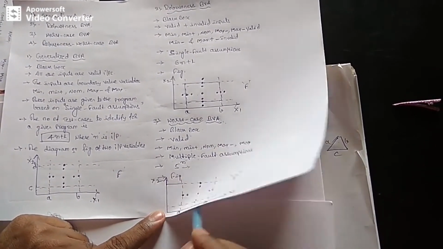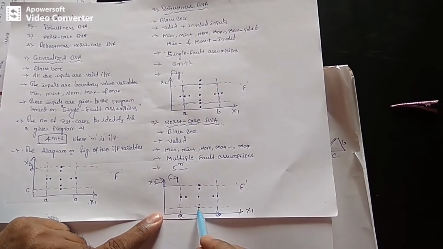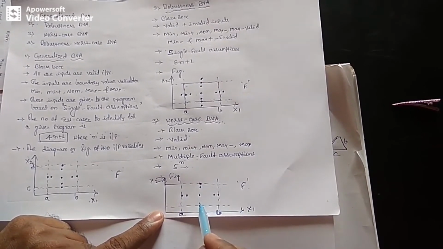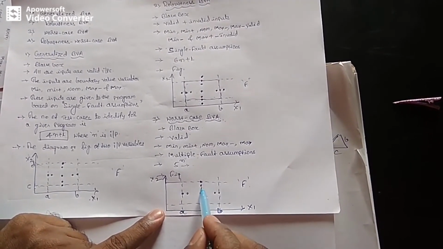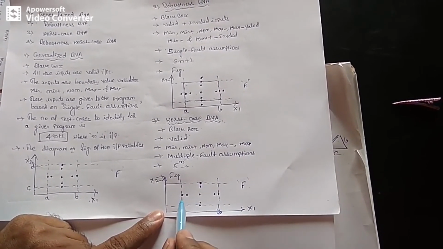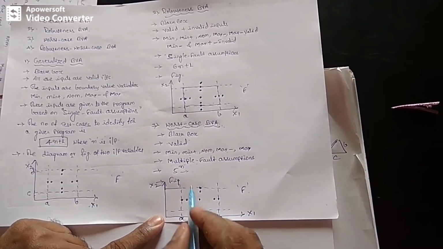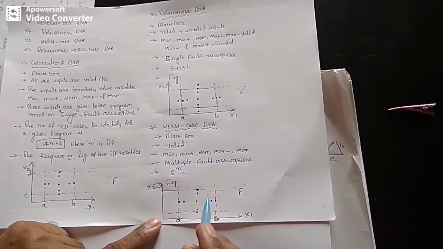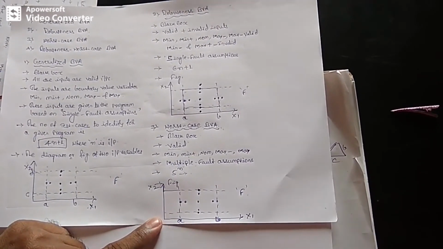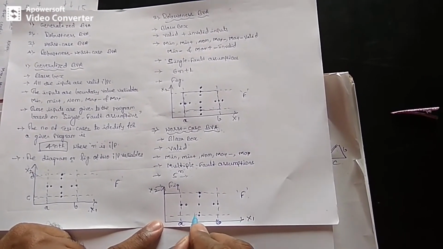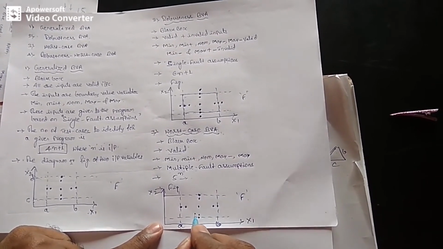You can see this is the lower limit, this is the upper limit, and again the lower limit and upper limit. Here this point becomes minimum and this point becomes maximum, with minimum plus, nominal, max minus and max. Similarly for the other variable. Under worst case we use only valid input variables, but redundancy will be more. Therefore the diagram looks like this.